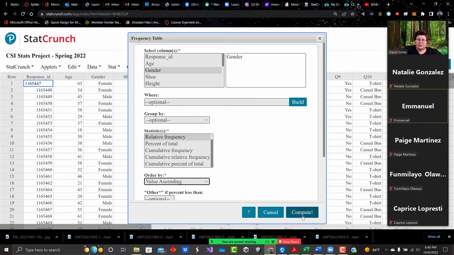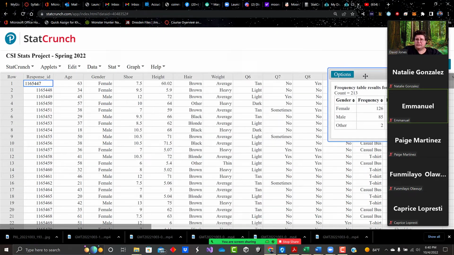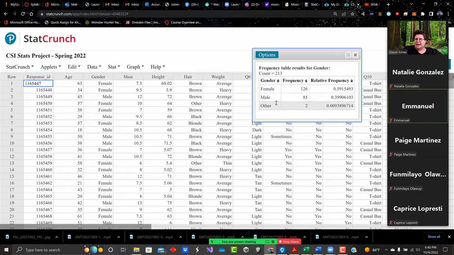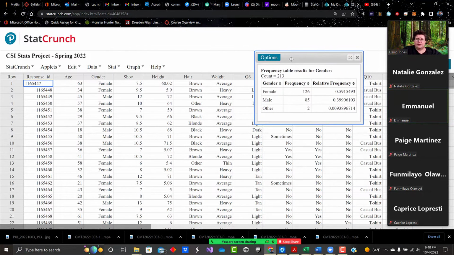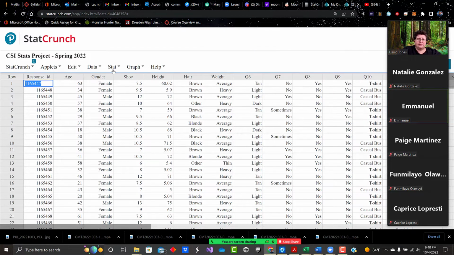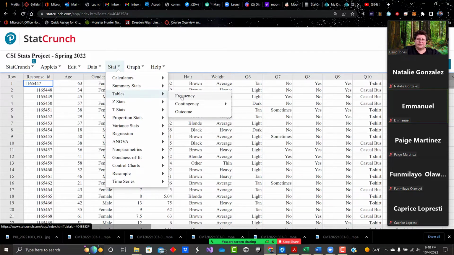Value ascending is usually fine. And it gives us a table. It tells us the frequency. It gives us the total number. Up here it says count, 213. And the relative frequency is each of these numbers divided by the 213. So again, that was stats, tables, frequency.